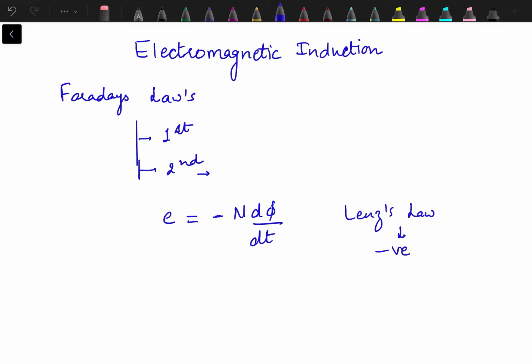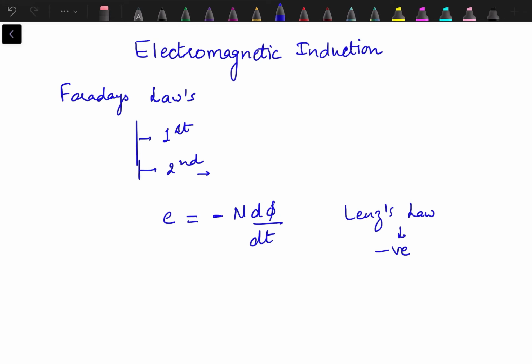Now in this case, the response is induced EMF and the cause is the rate of change of flux. So as per Lenz's law, the direction of induced EMF is always such that it sets up a current opposing the change of the flux. So that's why we have a negative sign over here.